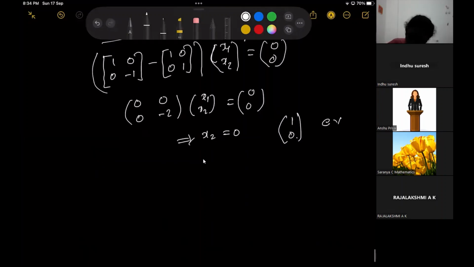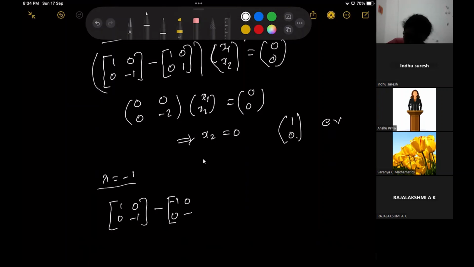Now I am taking lambda equal to minus 1. So 1, 0, 0, minus 1, minus minus 1, 0, 0, minus 1, because lambda equal to minus 1 here. So this is 2, 0, 0, 0.